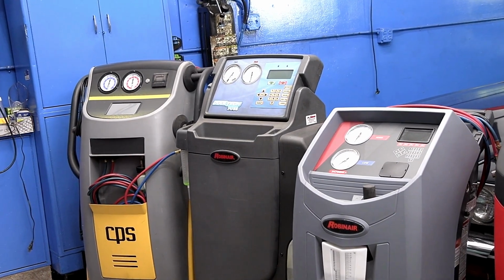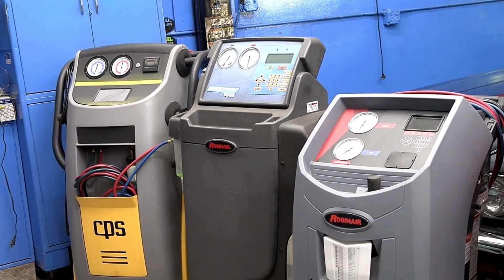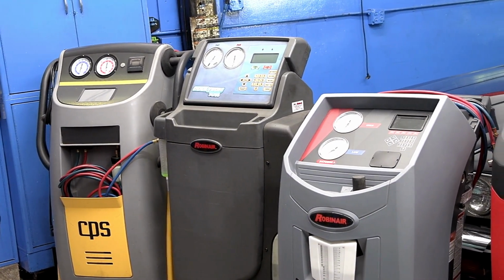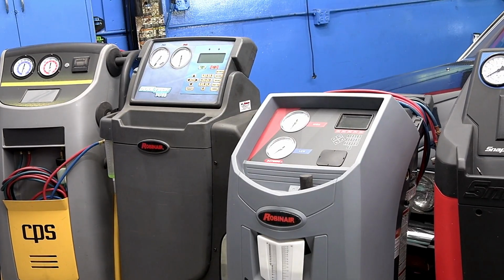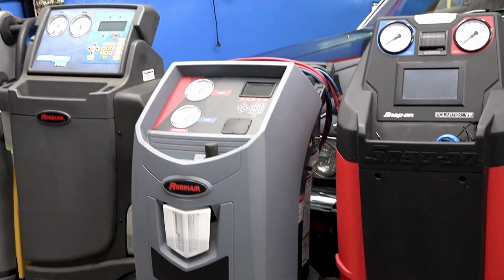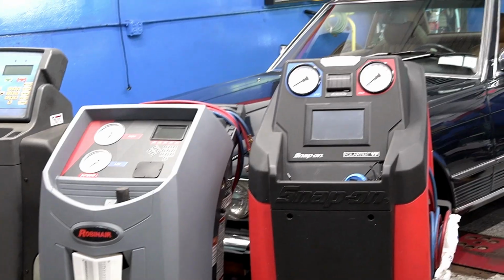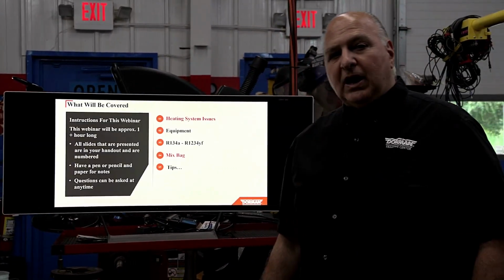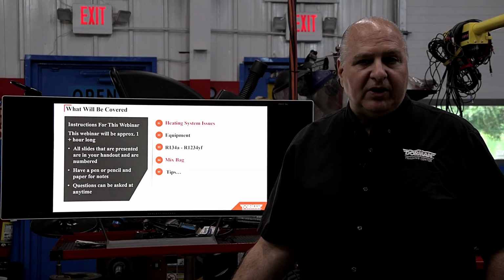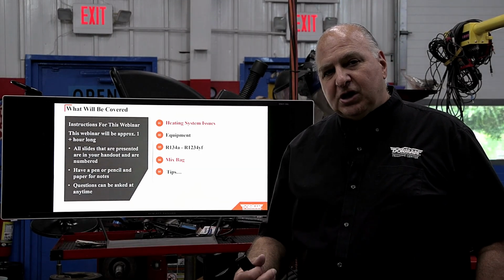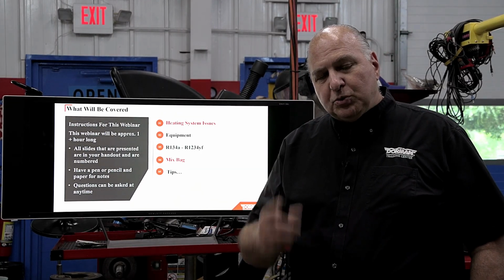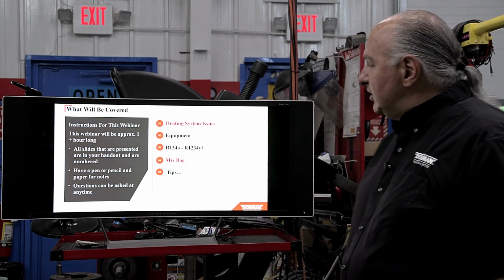We got a CPS 1234yf, that yellow one at the end. We got a Robinair 134a over there, a newer 134 Robinair, and a Snap-on 1234yf machine. So we do a lot of air conditioning, and I've been doing it for years. So I want to share some of my information with you to make your life easier.